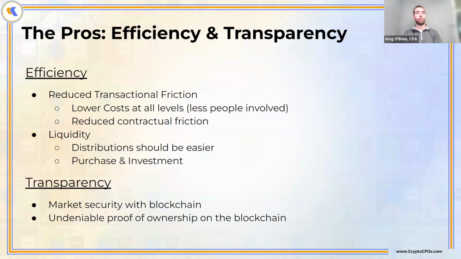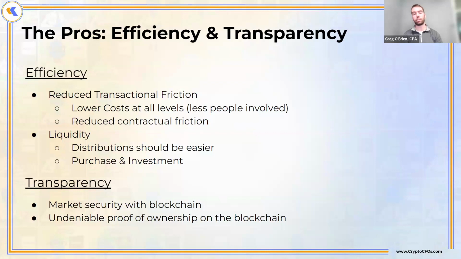And then the next pro here, transparency. There's a security aspect to this by having these transactions on the blockchain, and there's undeniable proof of your ownership. If you're not in the real estate world, look up the term title swapping or title theft. There are cases where we've had investors in single family markets, maybe in certain parts of the country, where they have eyes off their property.